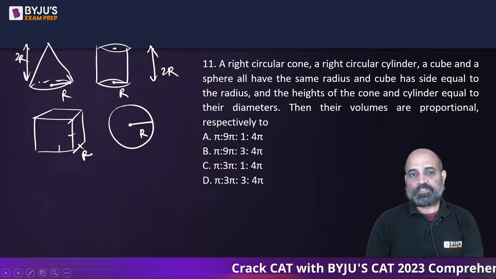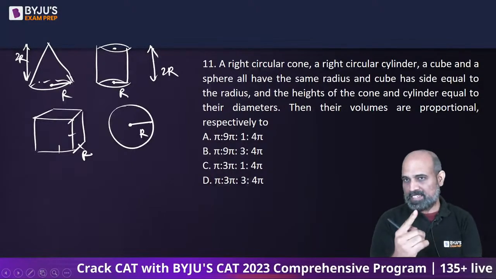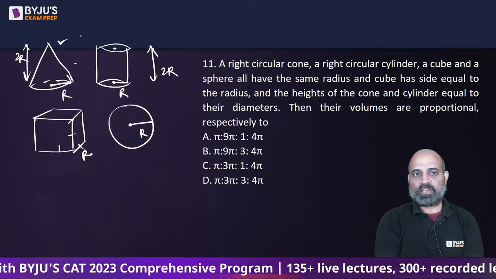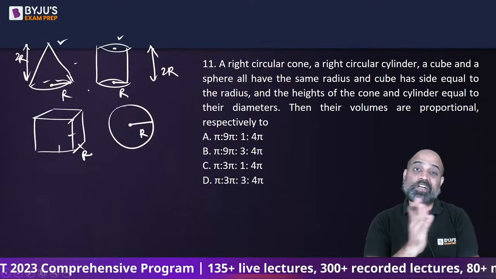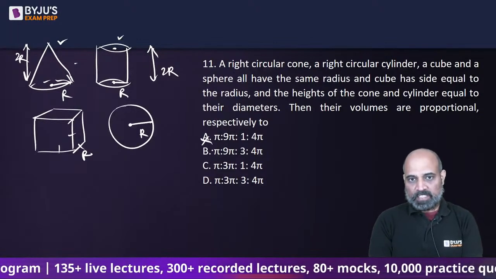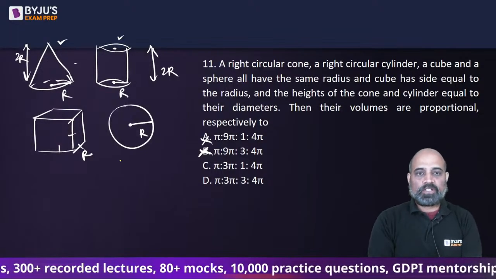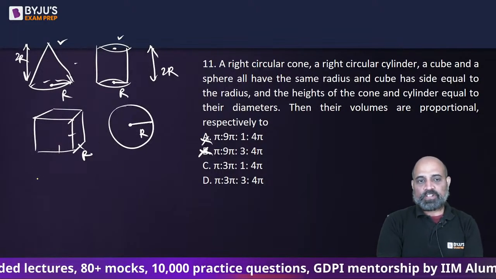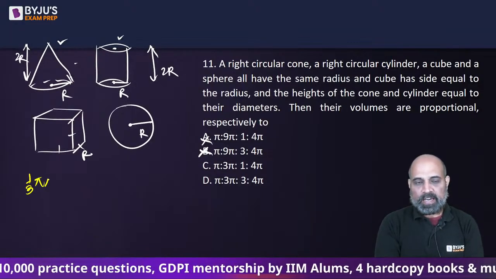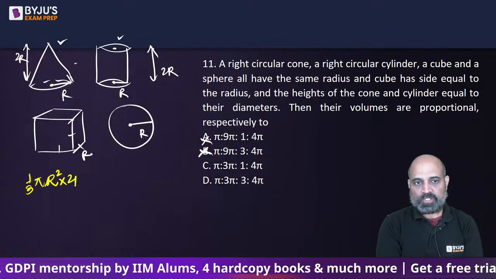Well, we very much know that in the case of a cylinder and a cone with the same base radius and the height, I'm talking about both of them, the cone is going to be 1/3 the volume of the cylinder. 1/3 doesn't exist in A and B. So the volume of the cone is going to be 1/3 pi r square h.